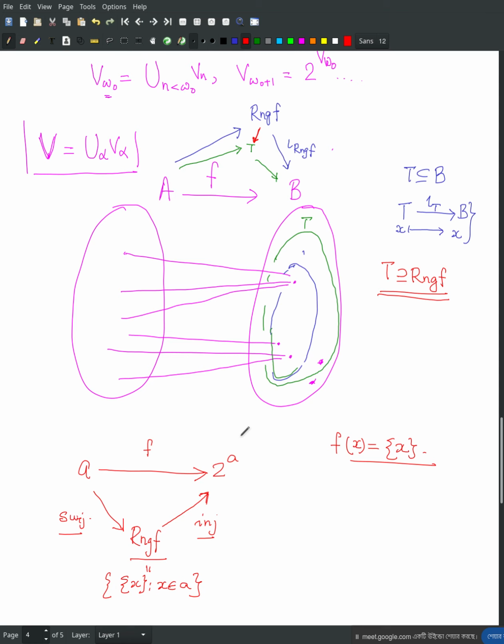There are many more subsets of A than there are elements of it. For any set A, there are many more subsets than there are elements of the set.